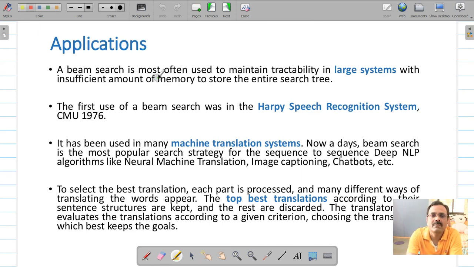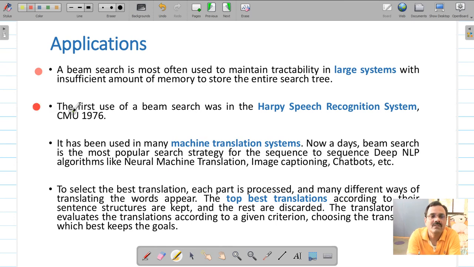There are various applications of this beam search algorithm in today's AI systems. If your search space is very large, then this beam search algorithm is preferred, because sometimes your AI systems may have limited memory, and in that particular limited memory space, beam search algorithm is the best candidate to work with.